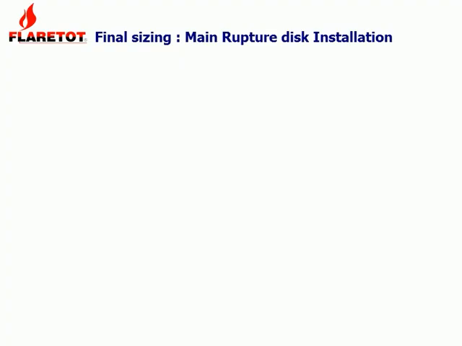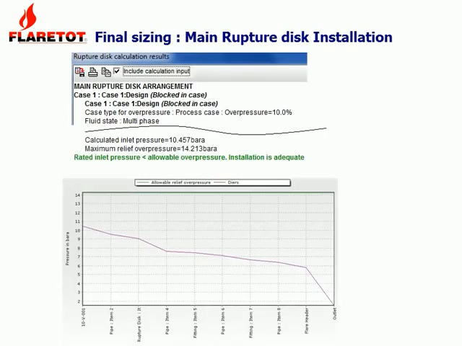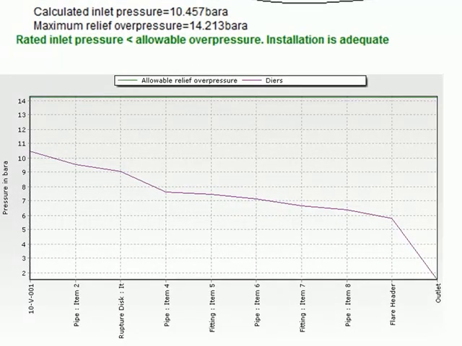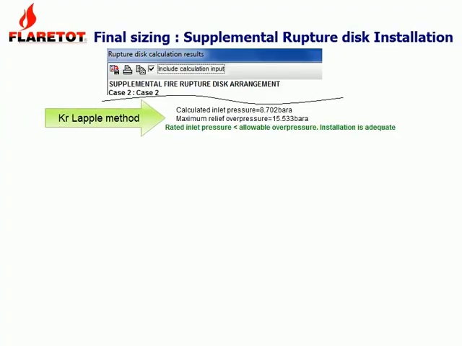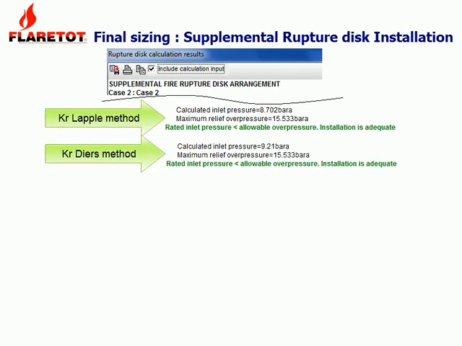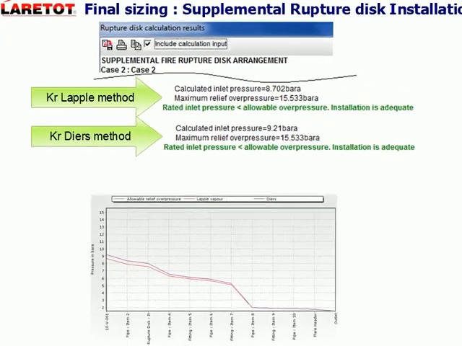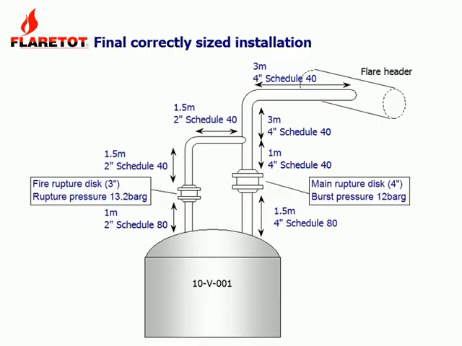Now both the installations are acceptable, since the calculated vessel pressure is less than allowed. The final installation is shown here. This completes the rupture disc tutorial.